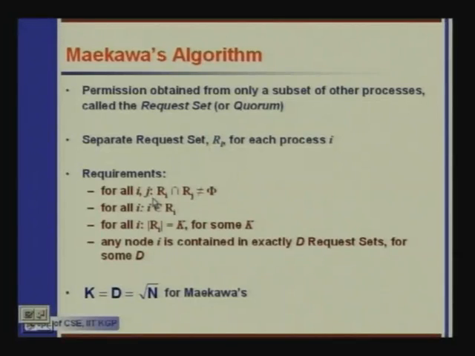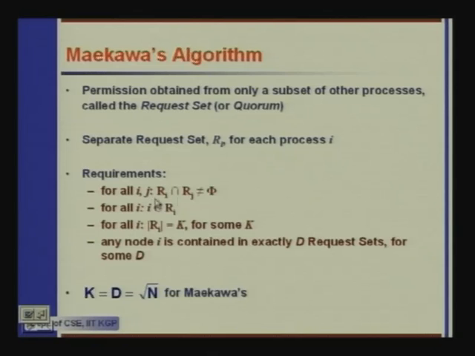There are certain requirements about these request sets, and the first one is that the intersection of every pair of request sets must be non-empty. That is required because there must be some process which arbitrates between Pi and Pj, so that Pi and Pj do not enter the critical section at the same time.